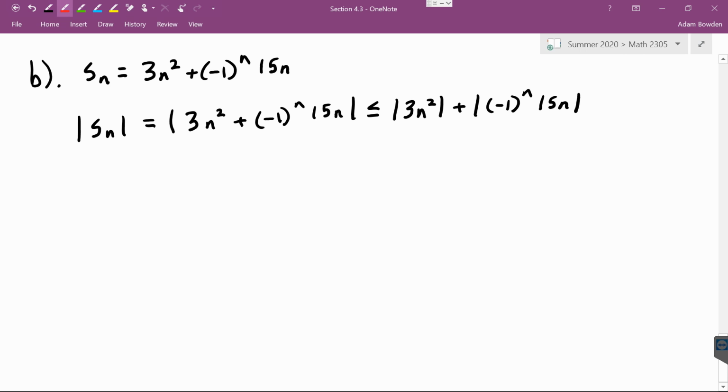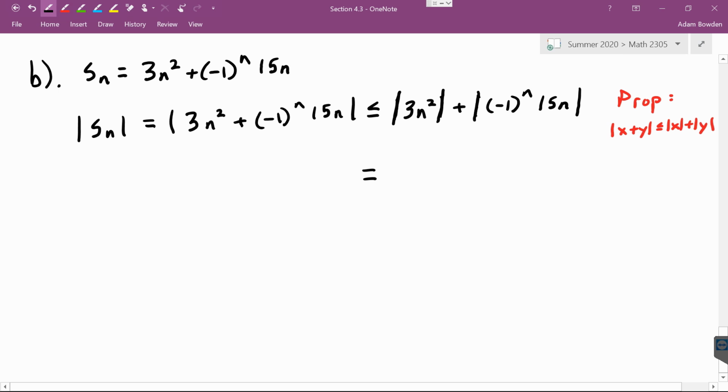The reason why I'm using this is that we have this property that says the absolute value of x plus y is less than or equal to the absolute value of x plus the absolute value of y. And I'm being careful with absolute values here since I do have a negative 1 to the n. So I need to handle those absolute values individually here.